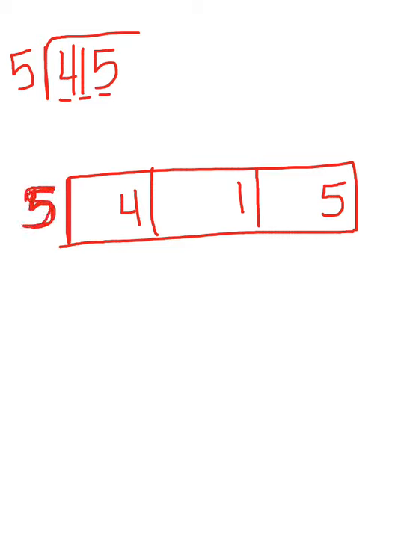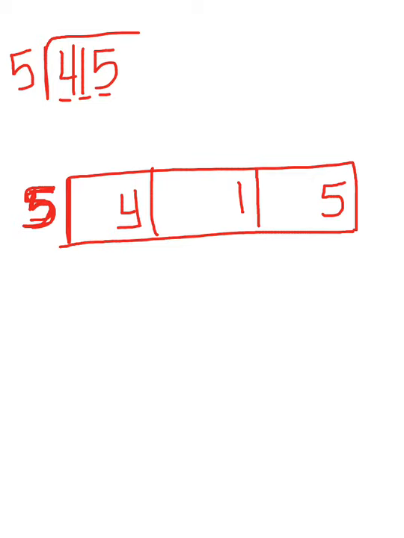Can 5 times the number equal 4? Well, when we think about our tic-tac-toe boards, or when you think about your multiples of 5, the first thing you have is 5 times 1, which is 5, and that means 4 is too small.